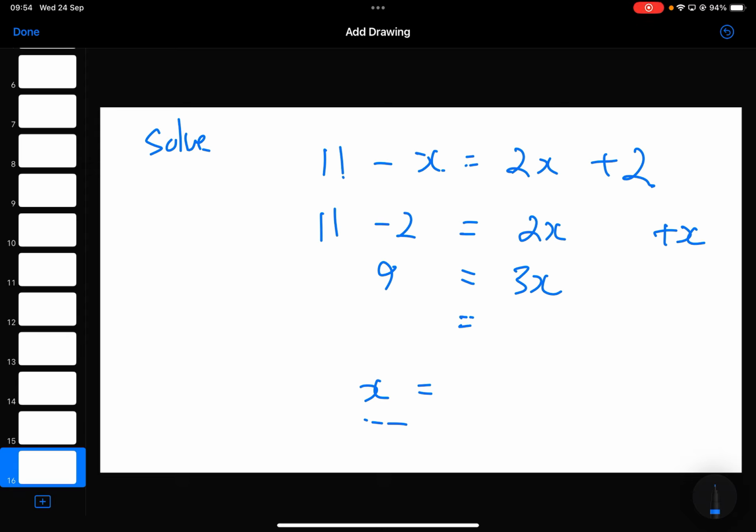If I divide 9 by 3, I will have 3. Then this line is telling me x is the same as 3, or 3 is the same as x. If 3 is the same as x, it means x is the same as 3. I just switch their left and right. This one don't need to change their sign, because I'm just saying left is the same as right, right is the same as left.